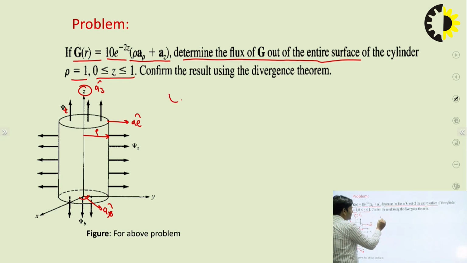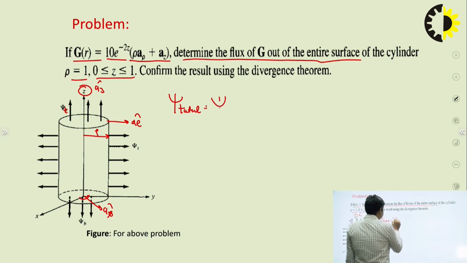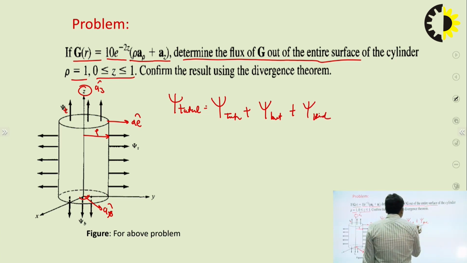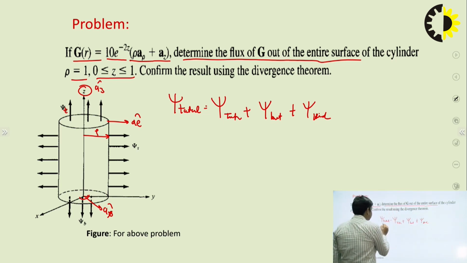So total psi is the top flux plus bottom flux plus side flux. If we calculate these three fluxes, we get the total flux of that cylinder.